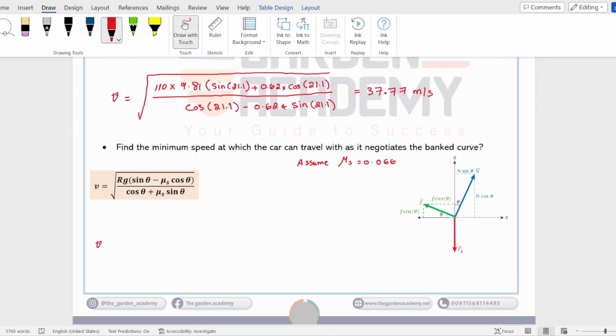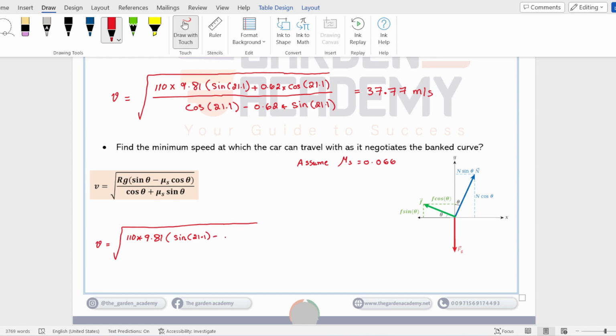So V is equal to the square root of 110 multiplied by 9.81 by sine 21.1 minus mu s.